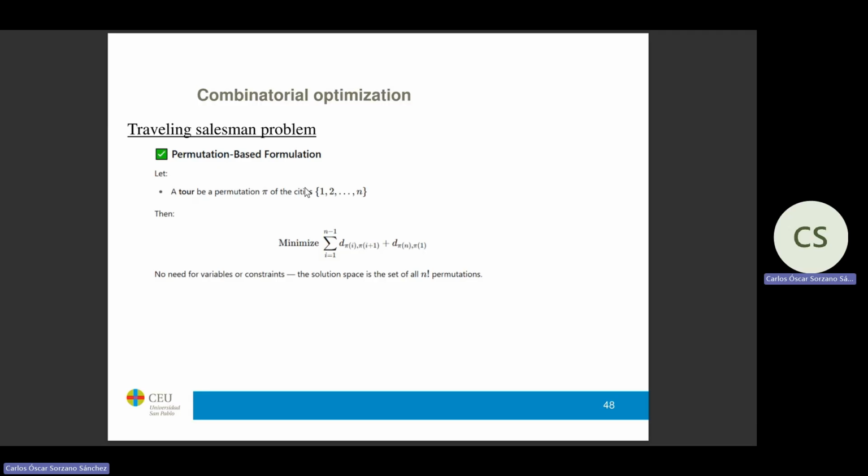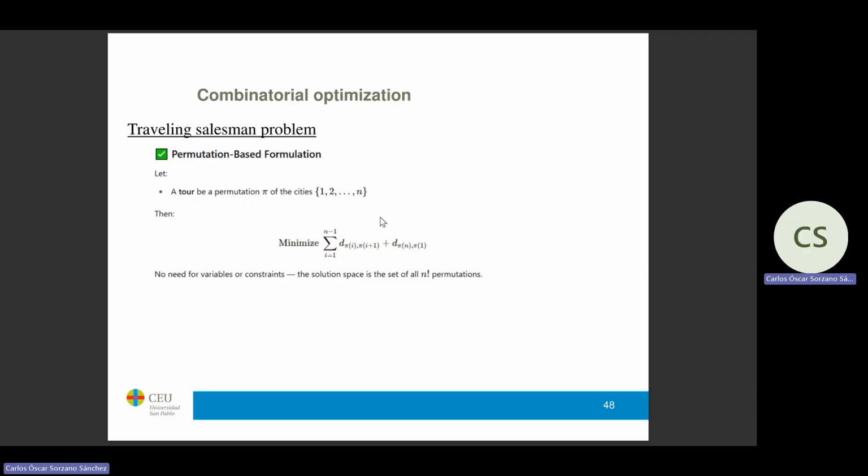So you have a permutation here. And then you want to minimize the distance from going from city i to i plus 1 in the permutation pi, plus going back from the last city to the first one.